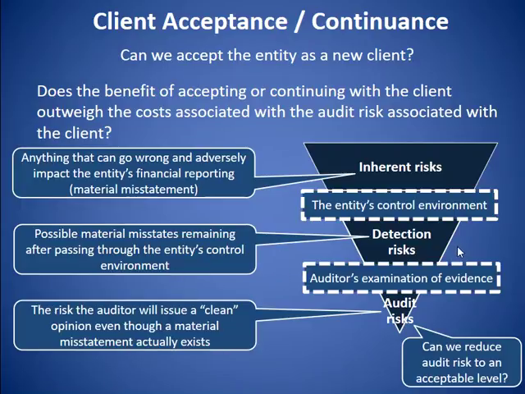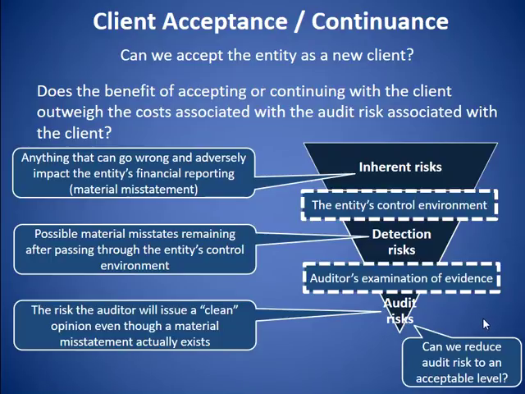And at that point, this is where the auditor has to examine audit evidence. The auditor needs to make sure that these risks are identified or that these risks do not exist as they flow through eventually to the financial statements. So in effect, the auditor looks at what may get through the client's control environment.